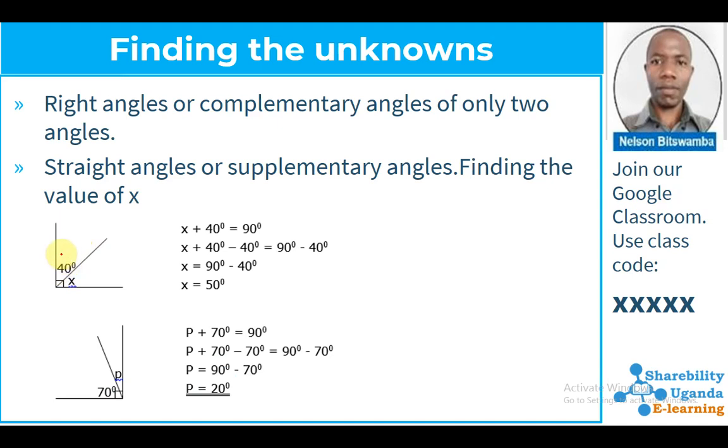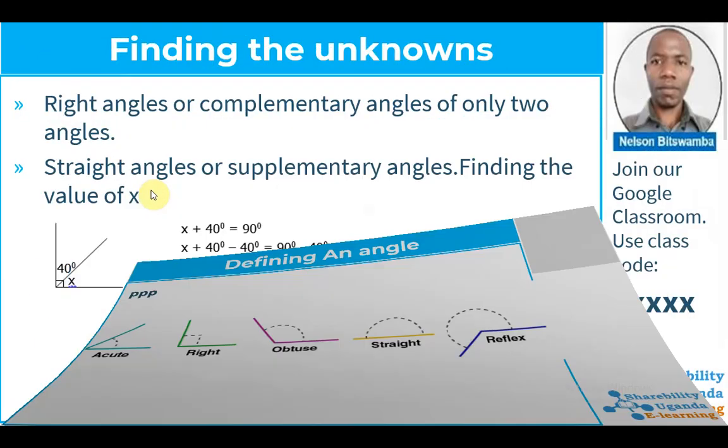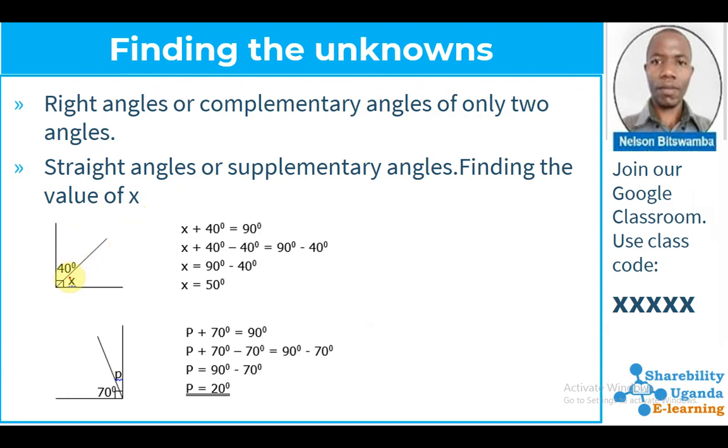But remember, I've been given this angle here: we have a 40 and we have another angle which is x. Since this angle of ours is in the right angle, and right angles exactly start from 0 up to 90, in solving the unknown value which is missing, we shall equate our right angle to 90.